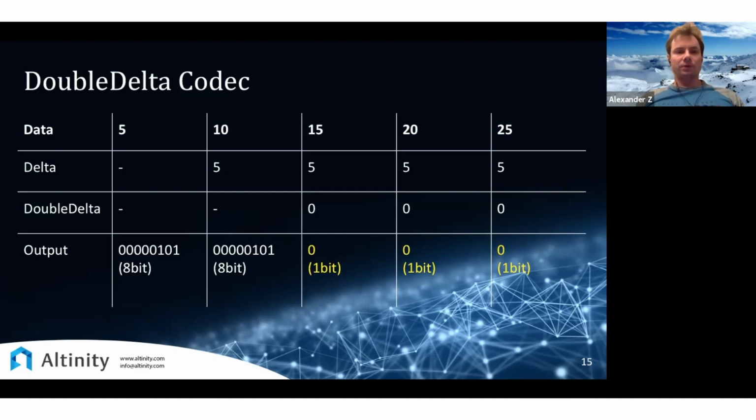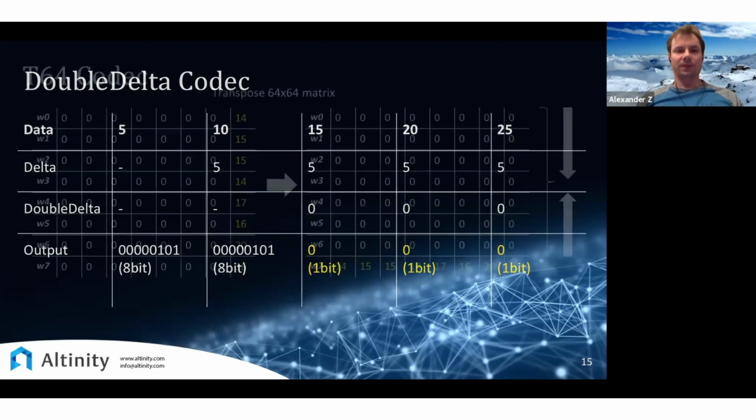As you remember, we use double delta for the time dimension and for sensor ID, and we have ordering by time and sensor ID as well. That means that we have very good data for double delta encoding. So it should compress very efficiently.